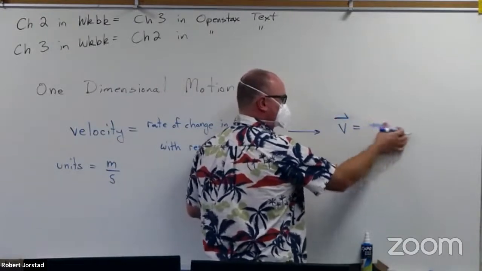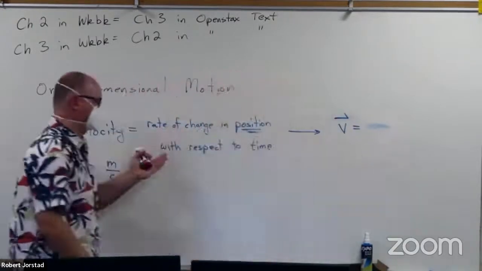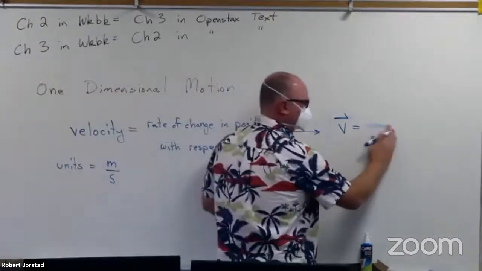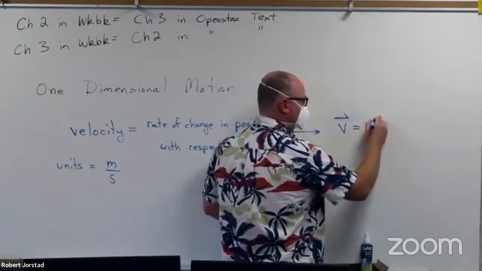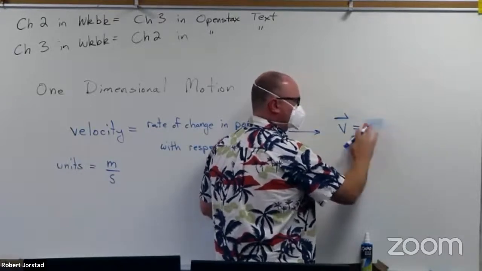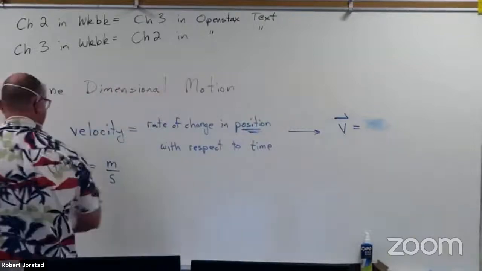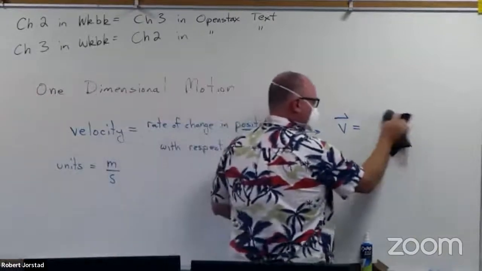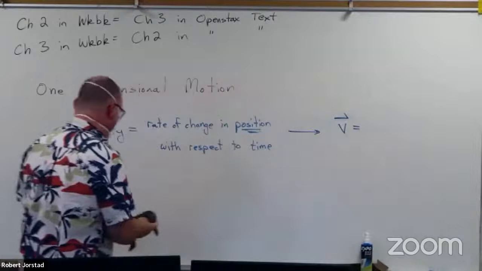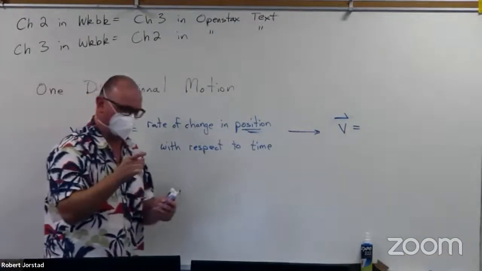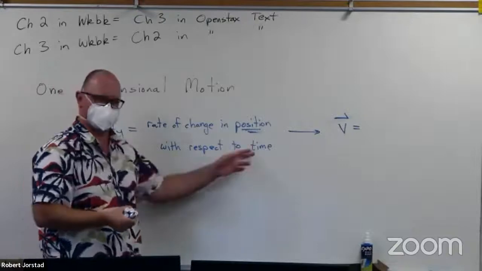What's the way that you would write rate of change with respect to time? I heard somebody say delta. That's approximately valid. What's another way to write it with calculus? Not d over dx, but close. d over dx would be the rate of change with respect to position.